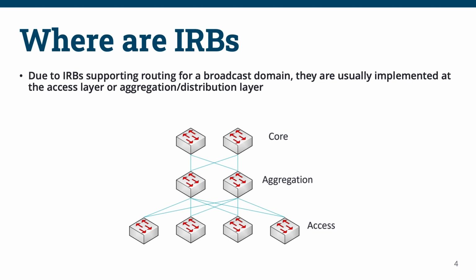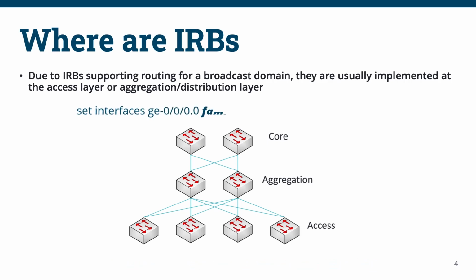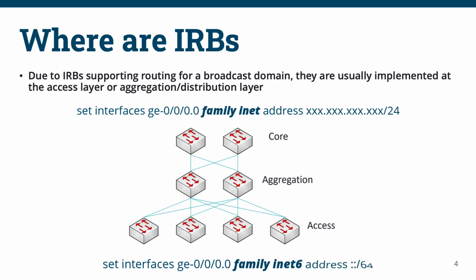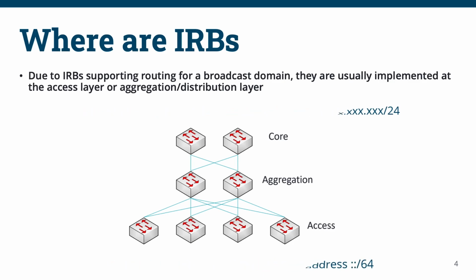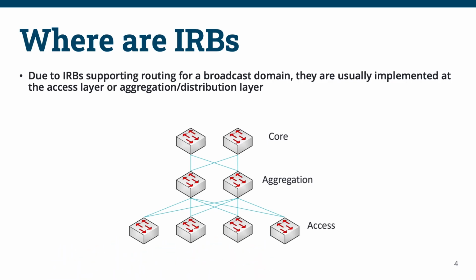These links would not connect to switch ports with the Ethernet switching family configured. Rather, these links would have the INET or INET 6 families configured. In a routed access design, VLANs do not span more than a single access closet, and therefore the IRB interfaces would only be seen at the access layer.